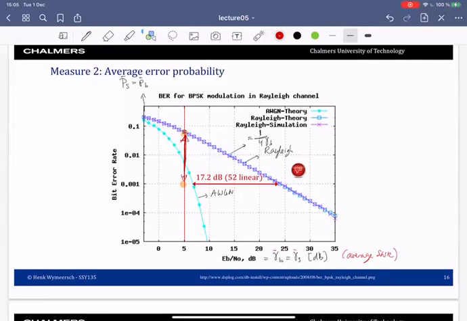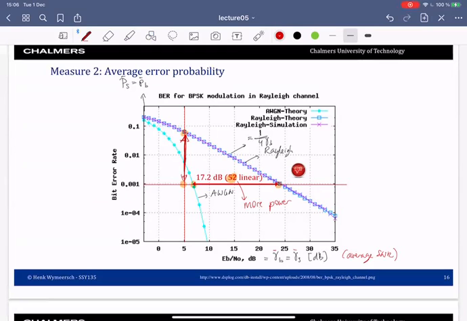You could also look at it in another dimension, like drawing a line like this. And then you see that to get the same symbol error rate of 0.01, you need 52 times more power. Right? So you need to transmit with much more power to reach the same performance. So overall, this is very bad news. Communication over the wireless channel is much harder than communication over the additive white Gaussian noise channel.